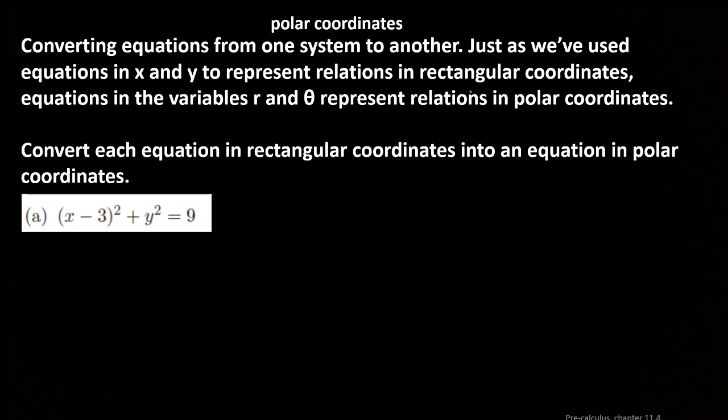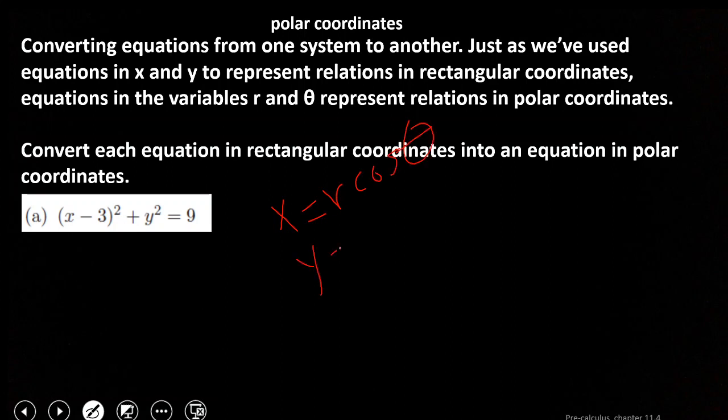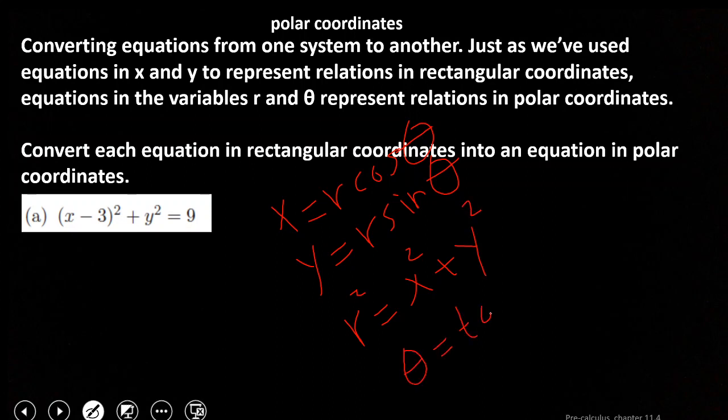Well, we're going to use the idea that x is r cosine theta, y is r sine theta, r squared is x squared plus y squared, and theta is tangent inverse y over x, or tangent of theta equals y over x.